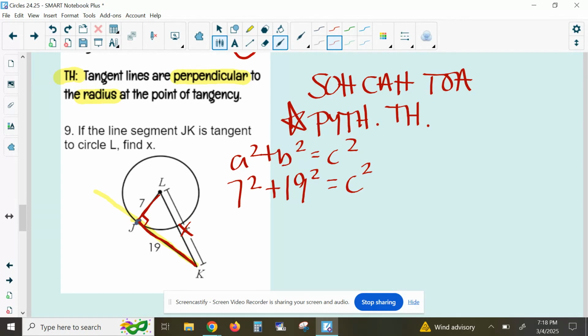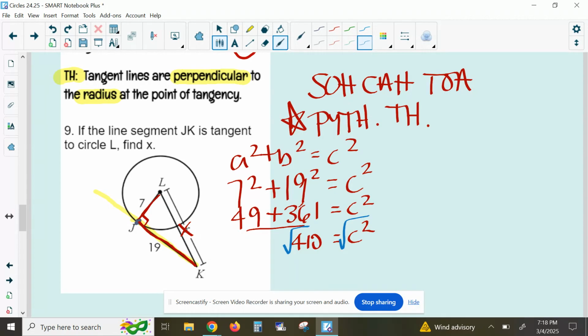So 7 to the second power is 49, plus 19 squared is 361, and that equals c squared. Add these like terms, grab your calculator. I get 410 equals c squared. And then in order to get c by itself, we have to take the square root of both sides. So I'll put that in your calculator.